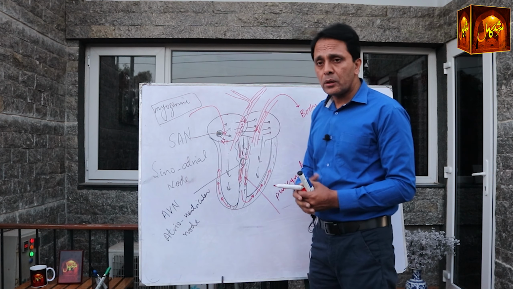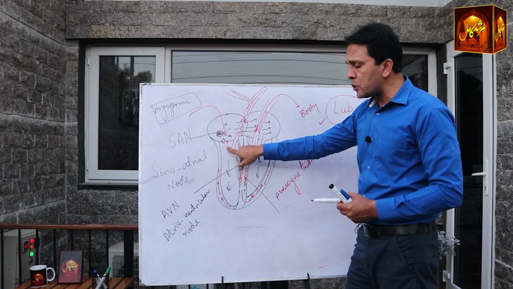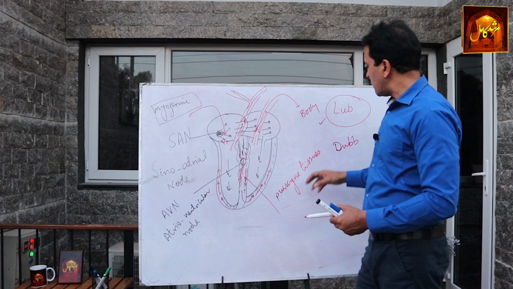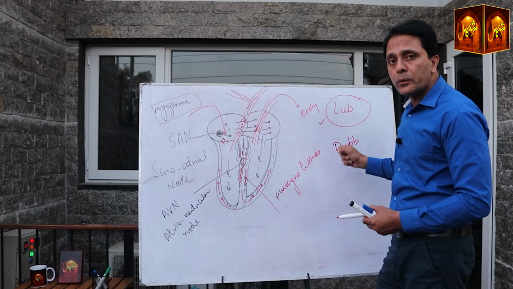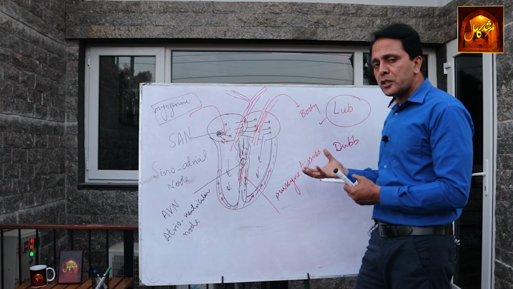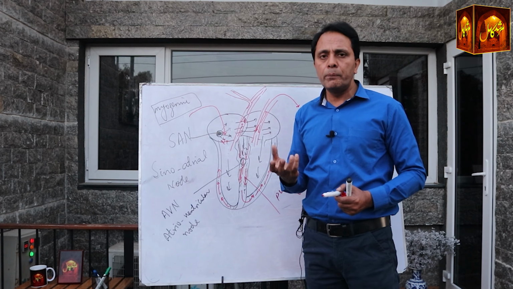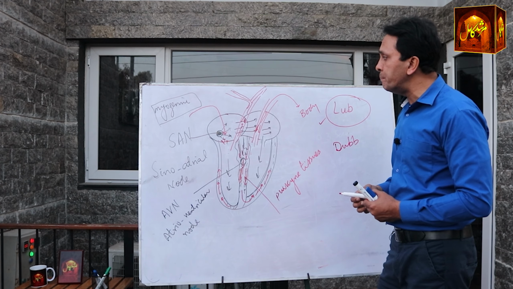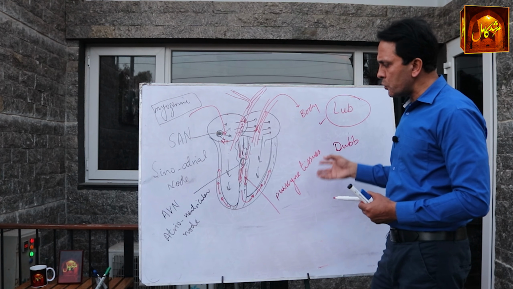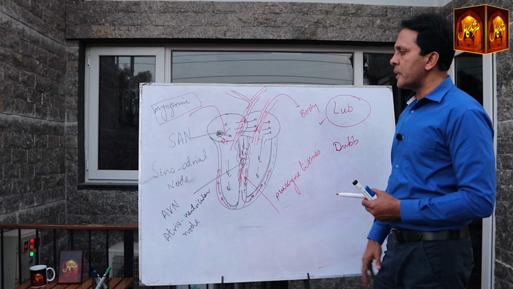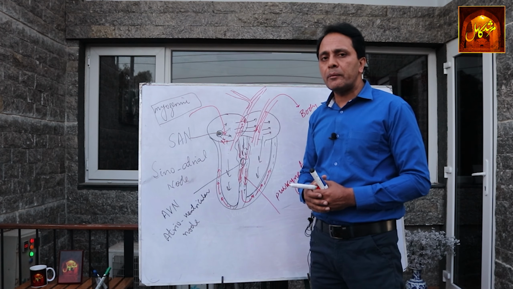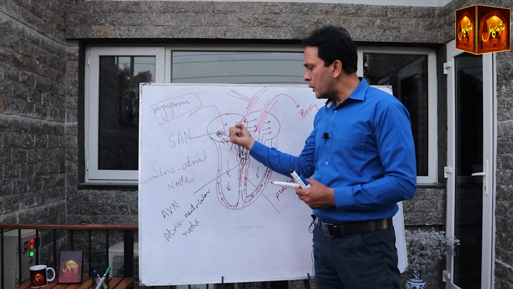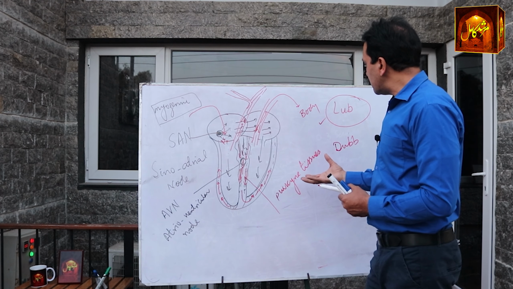When they get closed, they produce a sound that is called dub. So this is the sound produced by your heart, lub dub, lub dub, and it makes your heartbeat. This whole process is called the cardiac cycle, and we have already discussed the time required to make this heartbeat.